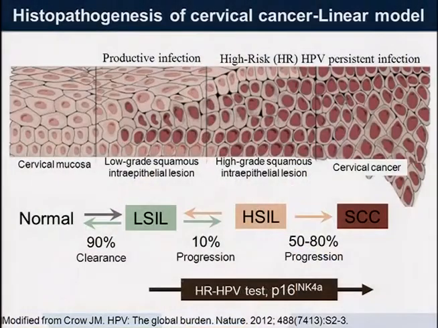So this cartoon represents the histopathogenesis of cervical cancer following the linear model. As we all know, cervical cancer, represented here by SCC, squamous cell carcinoma of the cervix, is preceded by two premalignant lesions. The first one is the low-grade squamous intraepithelial lesion, or LSIL, and the second is the high-grade lesion, or HSIL. When LSIL patients are not treated, there is a high rate that they will clear this infection, around 90% of the patients.